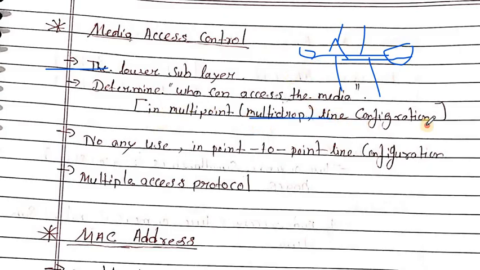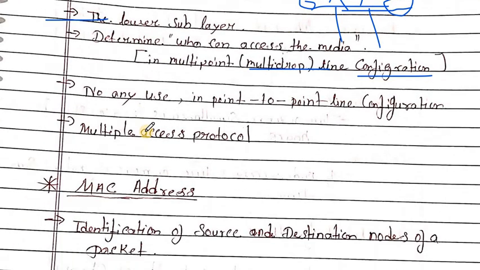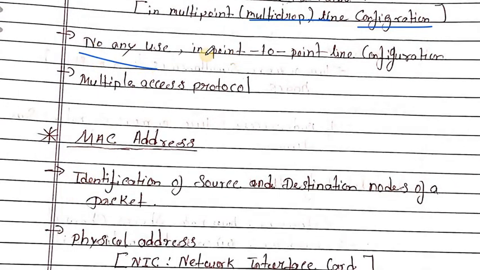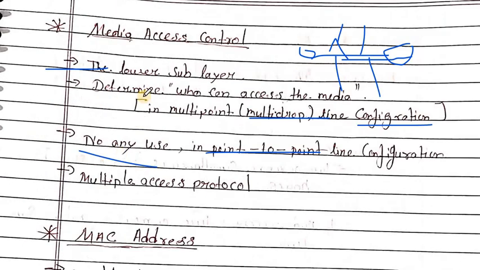In multi-point, multi-drop line configuration, if one host sends data to the channel, it has to get access to that channel. So it determines who can access the media or channel. It is not used in point-to-point line configuration.